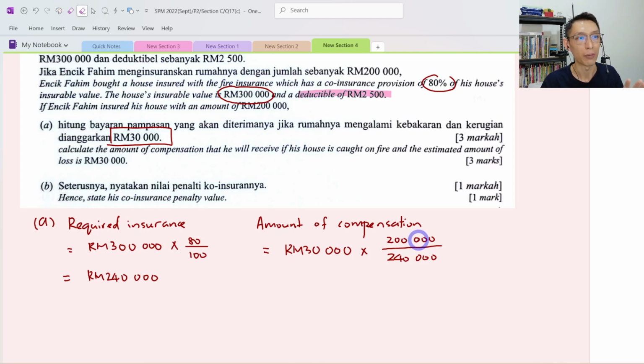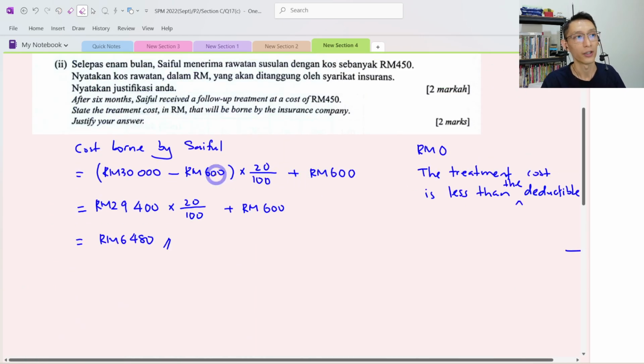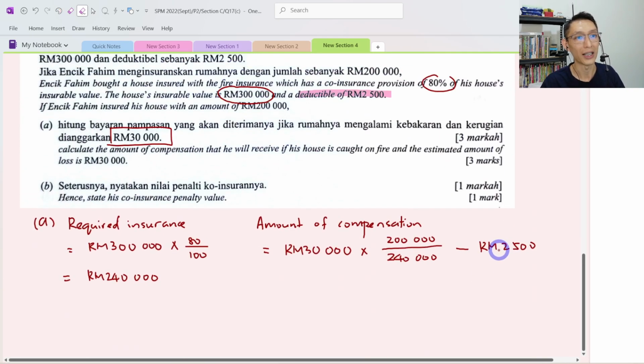Now this is the amount of compensation, but you have to minus the deductible. The deductible is 2,500. Do you see the difference between this one and this one? Here we minus the deductible first, and here we minus the deductible later.